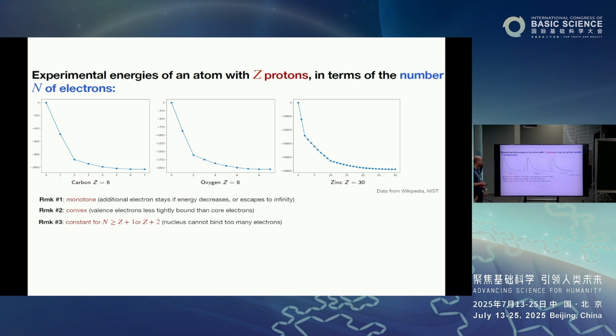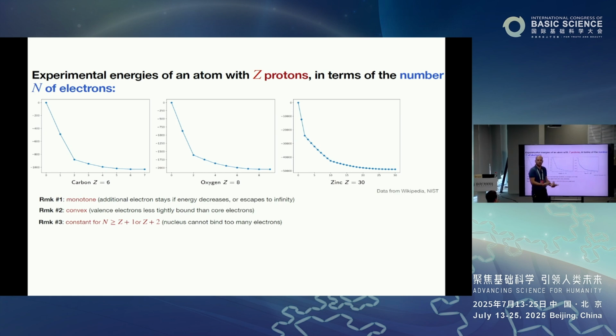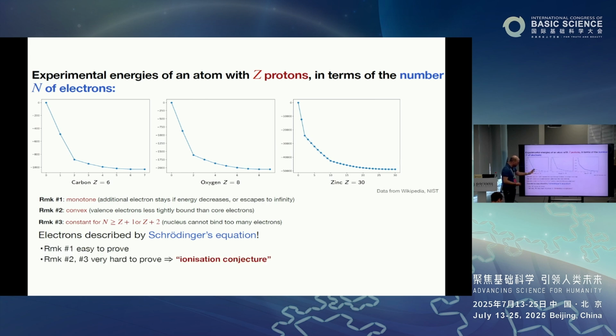And so how can you describe all this? The way you describe the electronic configuration of an atom or a molecule is through the electronic Schrodinger equation. And then you can try to answer these remarks. This is actually pretty easy to prove, and we are not focusing on it.